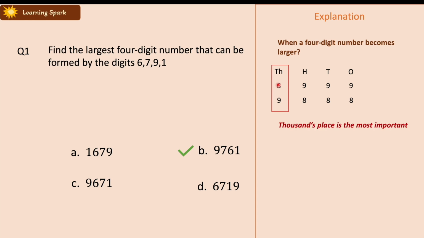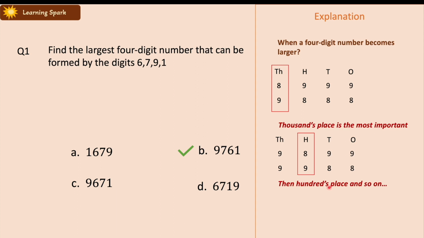And after that, if the thousands place is equal, then the hundreds place will be the most important thing to determine. So first comes the thousands place, second the hundreds place, and then comes the tens place, then the ones place.